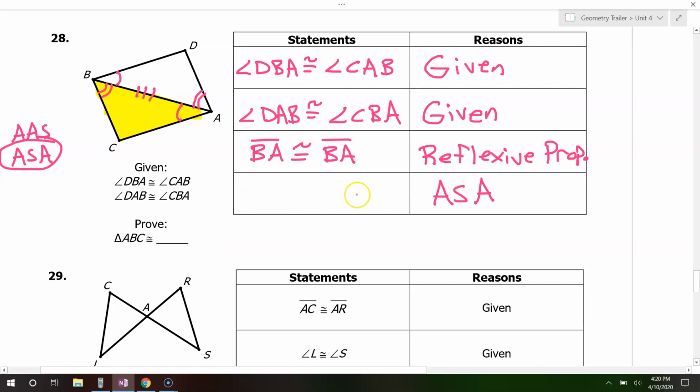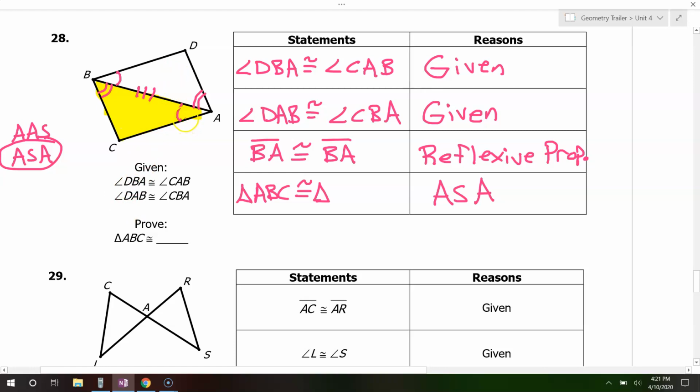Now we can make the congruence statement. So we will say triangle ABC is congruent to triangle. All right, now we have to put this in the correct order. Here's where it helps that we have a yellow and a white.